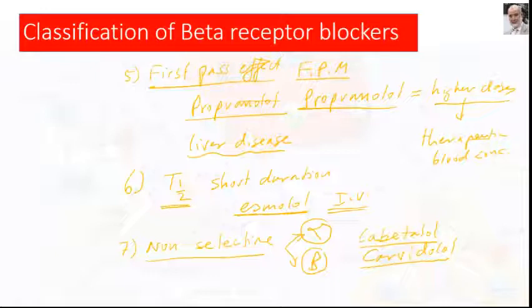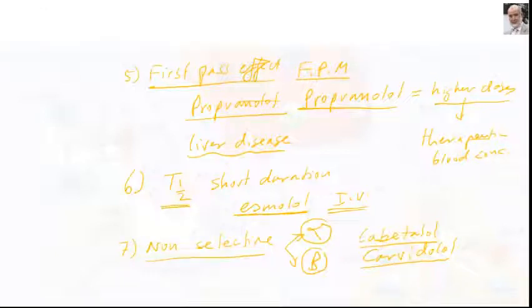So what are the actions? Now we'll talk about the actions and the clinical uses at the same time. First, we are going to talk about their effect on the heart, which is the beta-1 effect. We said that the beta-1 effect on the heart is always excitatory.